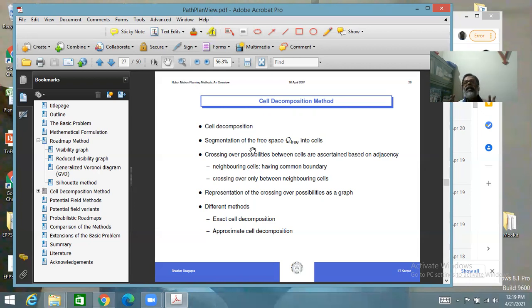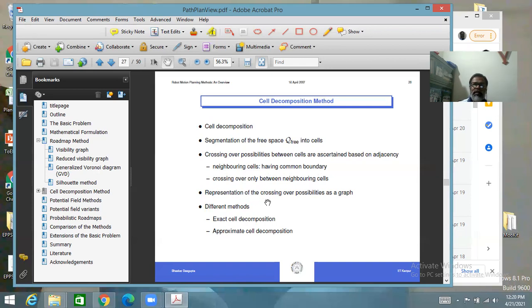So as cells, you basically look for convex regions, so that between any two points of the region, the straight line segment will certainly be in the region. That is the kind of thing you expect as cells. So neighboring cells having a common boundary will give you an edge of the graph. Crossing over is only between neighboring cells, because otherwise you cannot cross over directly from, say, India to Iran, right?